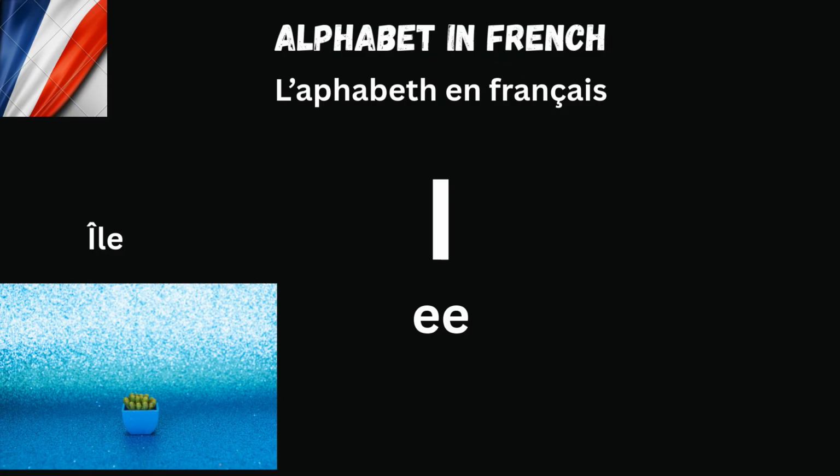So letter I stands for île, and île in French language is island. You can see on your left-hand side what the letter stands for. It stands for island, which is pronounced île in French.